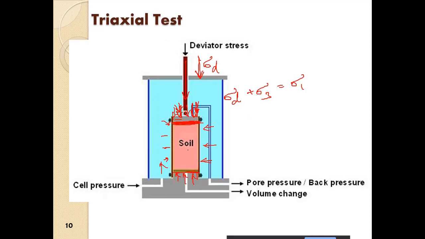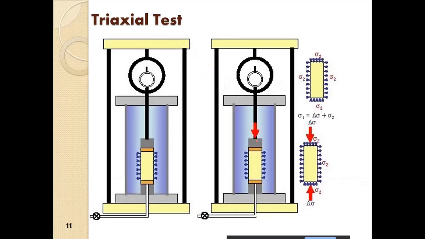So these two are the principal planes, major principal planes where sigma 1 is acting, and these are the minor principal planes where sigma 3 is acting. All right, so we will come to that step by step. Here we have sigma 2 written, so we can say sigma 3, same thing.